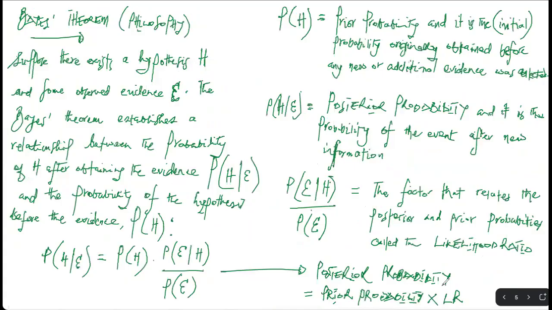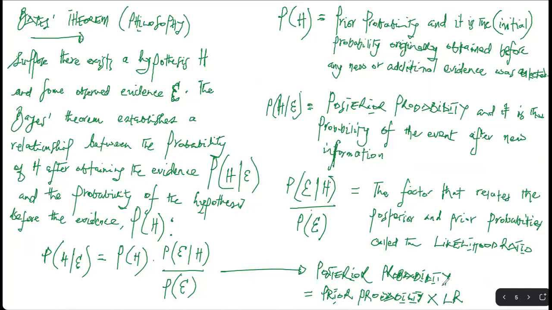Then we moved on to Bayes' theorem, and we looked at the philosophical underpinnings of it: the idea of a hypothesis and evidence, the idea of the posterior probability being the probability of an event after some new information or evidence has been found, and then the idea of a prior probability.